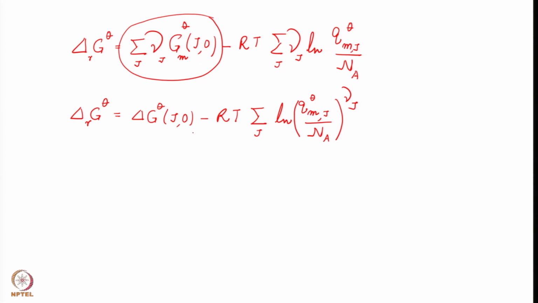Now we need to write something for this. Consider G is equal to H minus TS, H is equal to U plus PV, so G is U plus PV minus TS, and since we are dealing with ideal gases, U plus nRT minus TS.